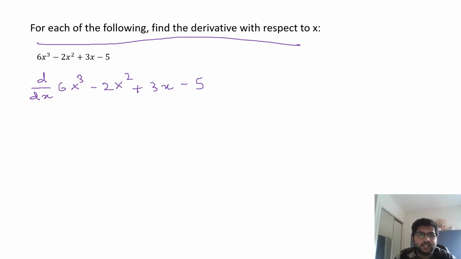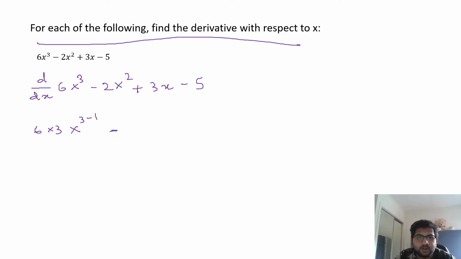So this is actually the third rule: we have a constant and then we have a function. When we have a power, we take the power to the front. So this is going to be 6 times 3x to the power 3 minus 1. Then we can apply the addition or subtraction rule for all of this.